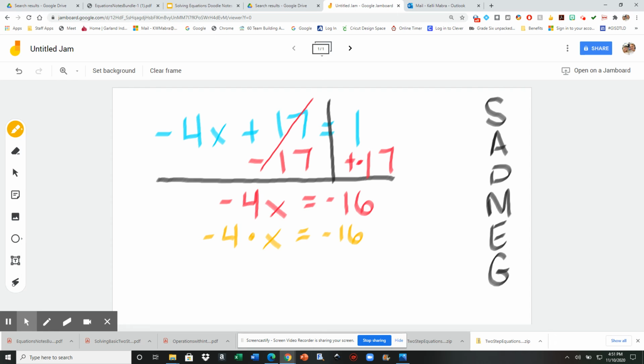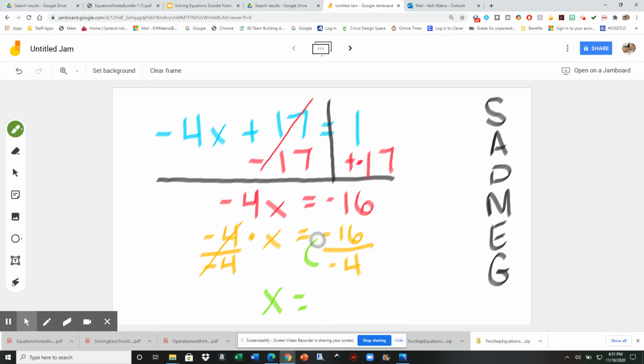So how are we going to undo times negative 4? We're going to divide by negative 4. And you guys know that if I write it as a fraction, it means to divide. Negative 4 divided by negative 4 gives you 1x. So that's going to leave me with the x by itself.